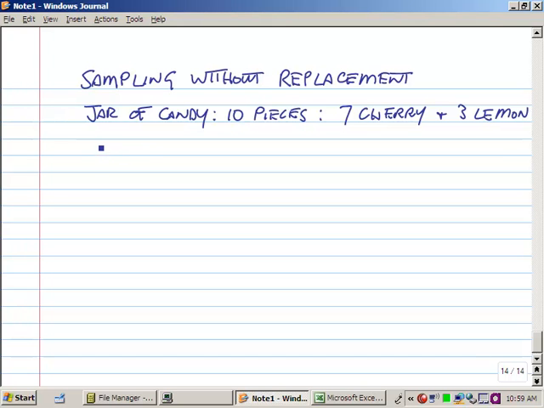So we could ask questions like the following. What's the probability of randomly selecting a cherry on the first, and a cherry on the second?